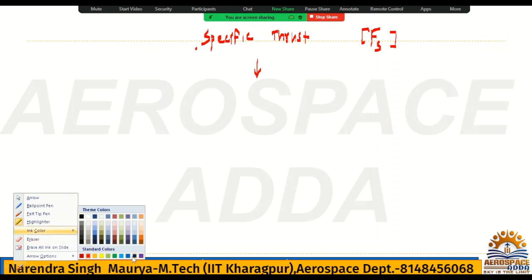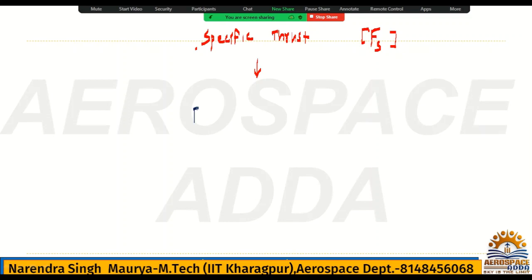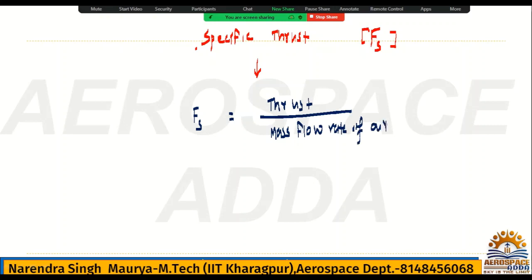It is defined as the thrust produced by the engine divided by the mass flow rate of air.